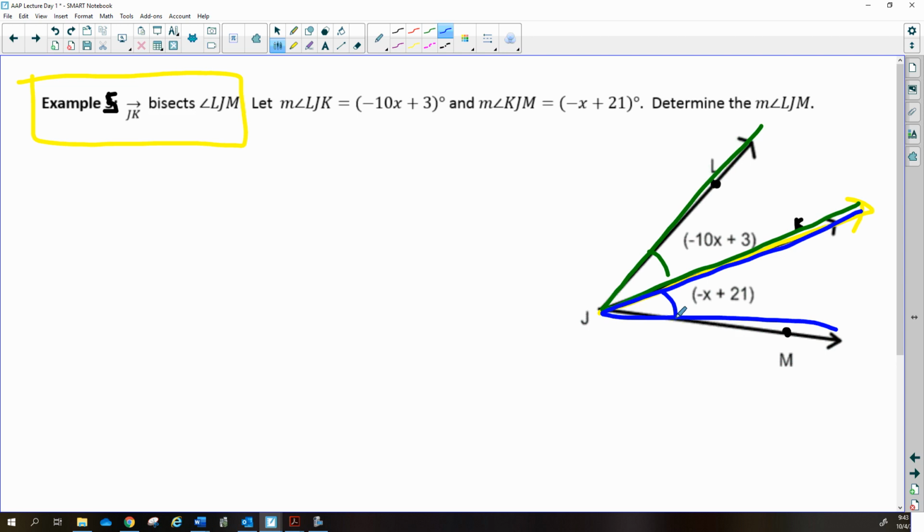So that's what we're going to state. LJK, the green angle, has to be equal to, because it was cut in half, because that's what bisects means, angle KJM.